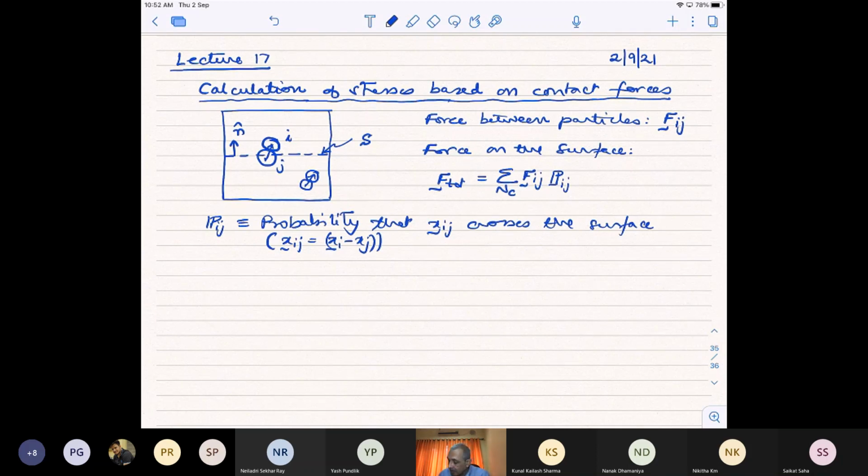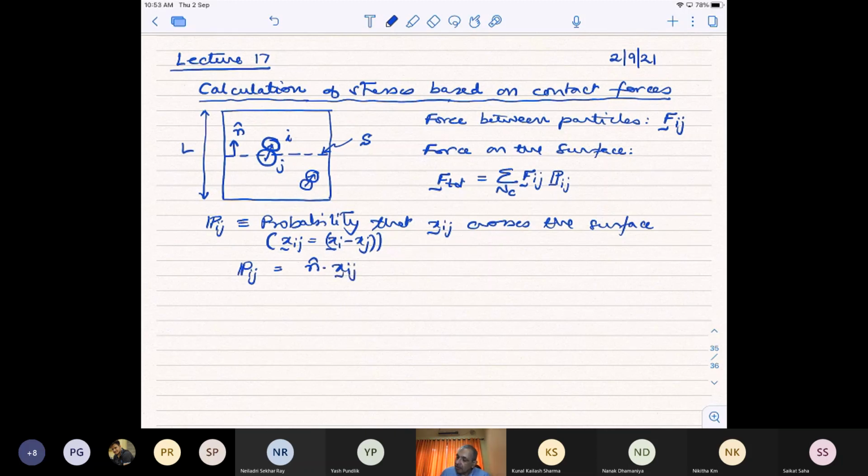And what is Pij equal to? Well, there's a very simple expression for Pij. So supposing this length is L, then the projection of Xij in the direction of n is just going to be n dot Xij.